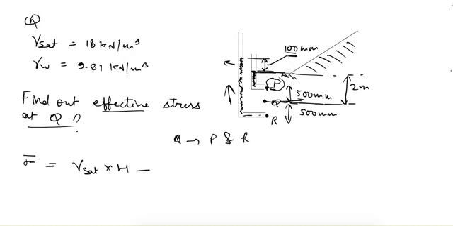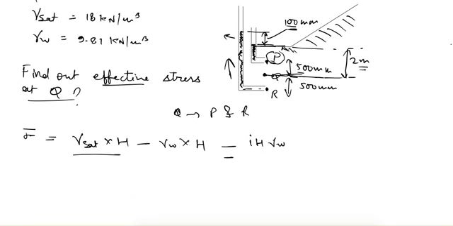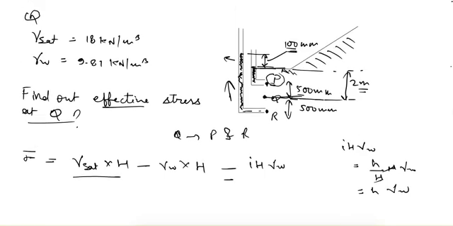Minus pore water pressure: this is the total stress, minus pore water pressure, which will be gamma W times the same depth H, and it will decrease by i H gamma W, as we saw in the case of upward seepage. This i H gamma W is also equal to small h by capital H times H gamma W, that is small h gamma W. Small h here is the head remaining up to that point.